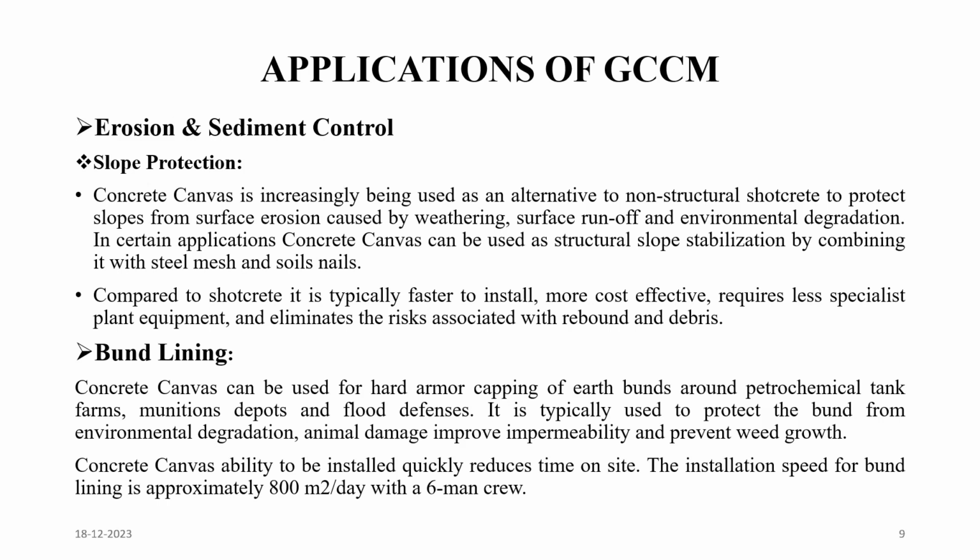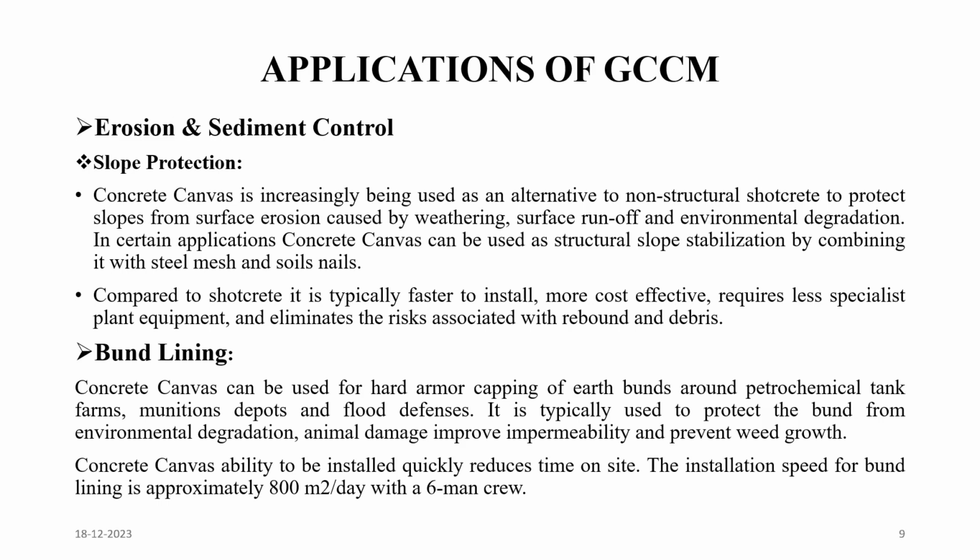Bund lining. Concrete canvas can be used for hard armor capping of earth berms around petrochemical tank farms, ammunition depots, and flood defenses. It is typically used to protect the berm from environmental degradation and animal damage, improve impermeability, and prevent weed growth.